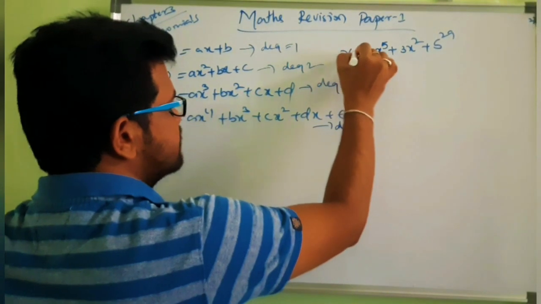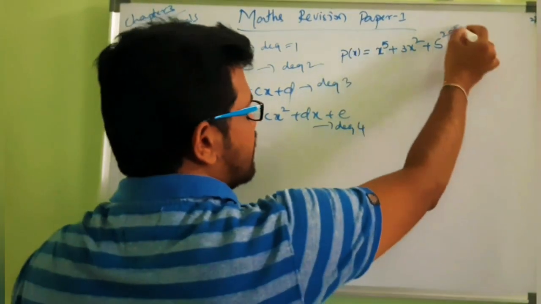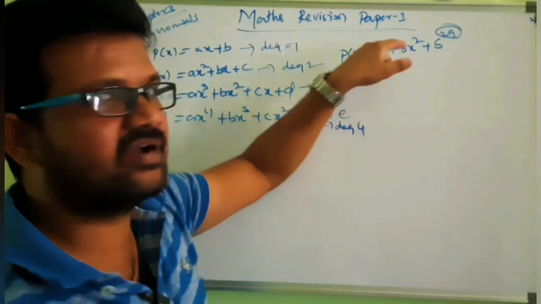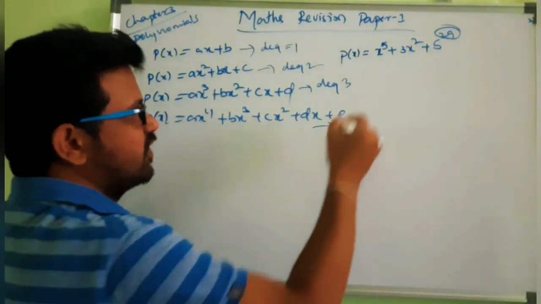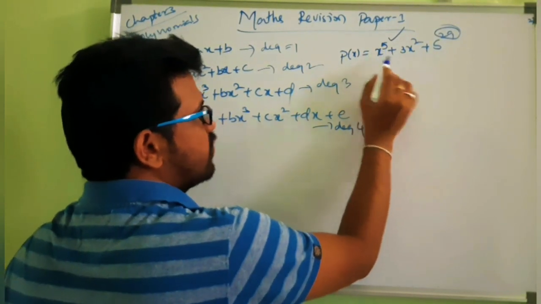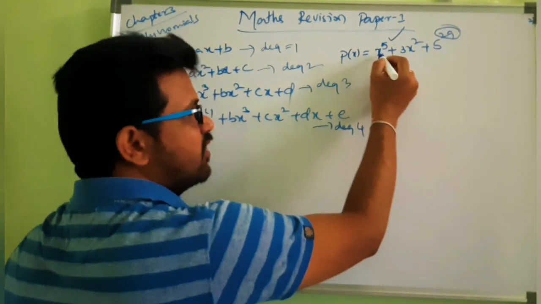Many of the students in a hurry will write 29, but that is wrong. The degree of the given polynomial is 5. Why? Because you have to see the highest power of the variable.